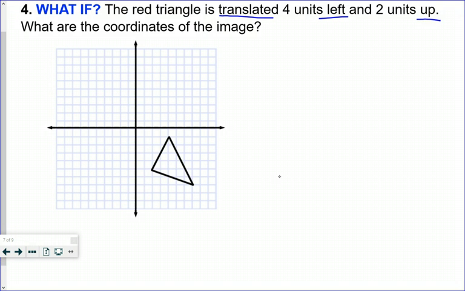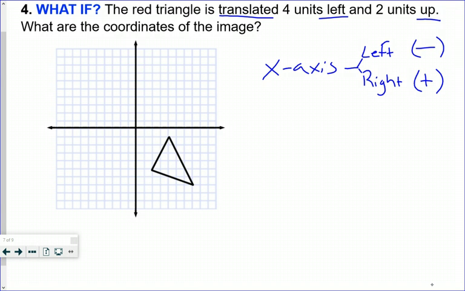So when we look at this, the axis that is going to be affected, the first one is the x-axis, is affected by the 2 directions of left and right. What these really mean is left, you're going to go in a negative direction, and right, you will go in a positive direction as we translate this object.